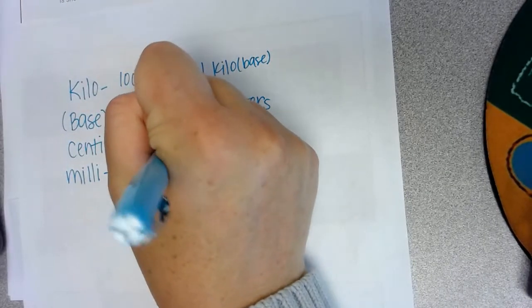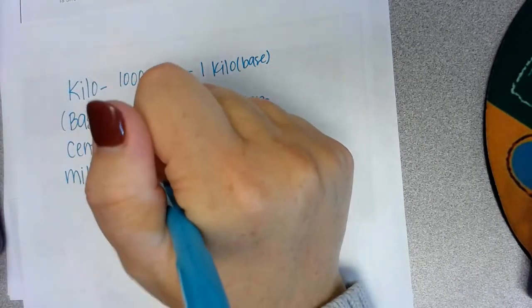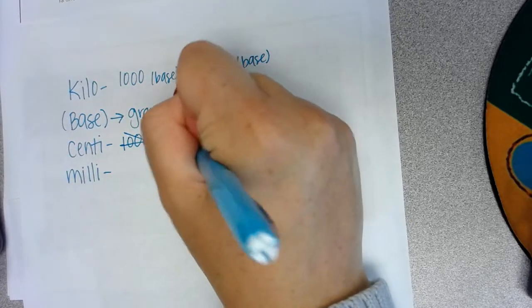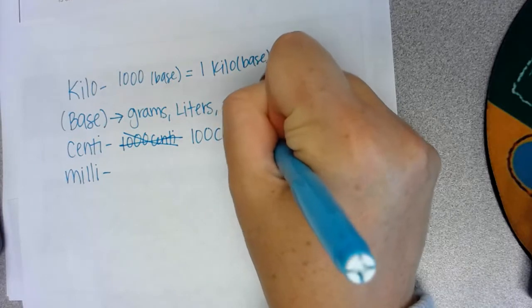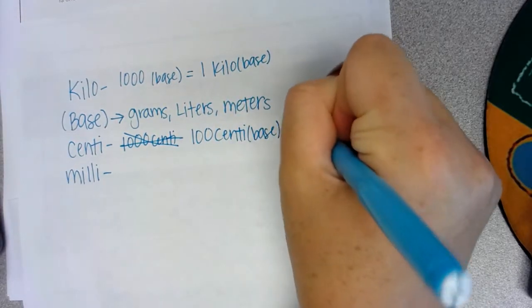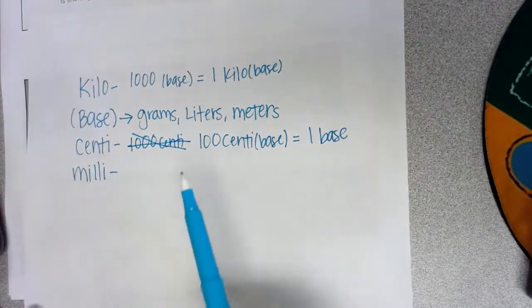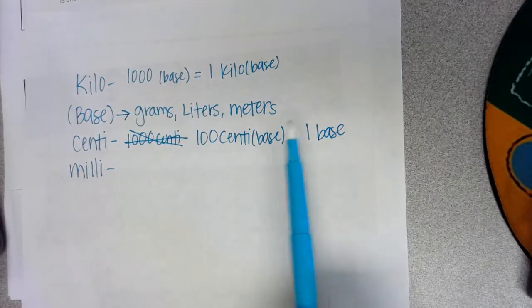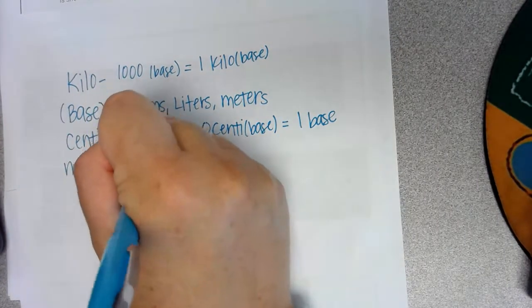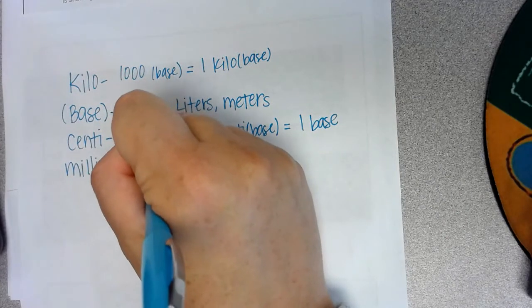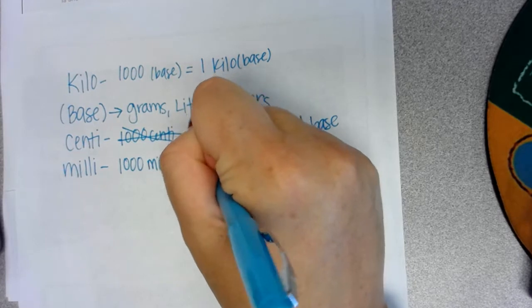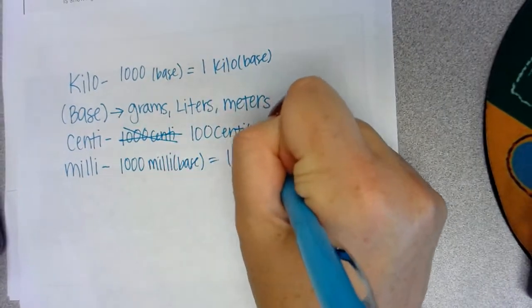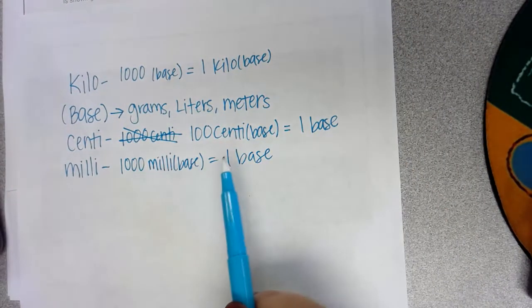Centi, oh, sorry, that's wrong. 100 centi of whatever base is equal to 1 base. Think there's 100 cents in a dollar. There's 100 centigrams in 1 gram. And then milli is your 1,000. So 1,000 milli, whatever your base is, equal to 1 base unit. So 1,000 milligrams is equal to 1 gram.